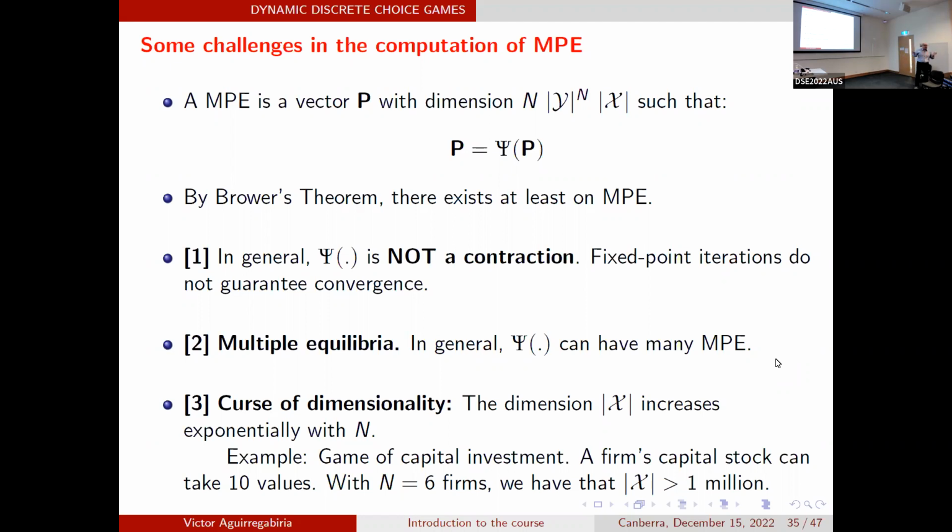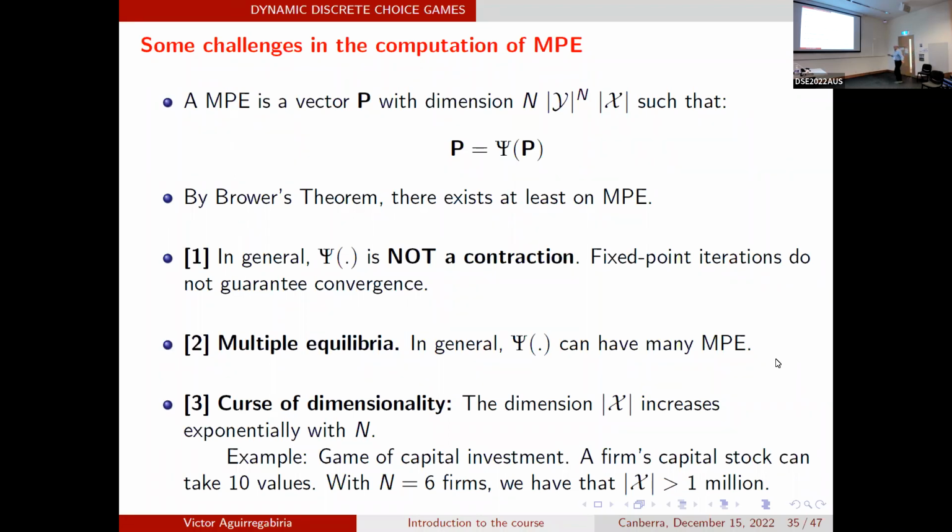Even for relatively small state spaces for each individual player, we can very easily have very large state spaces once we have 5 or 10 heterogeneous players in our game, okay?